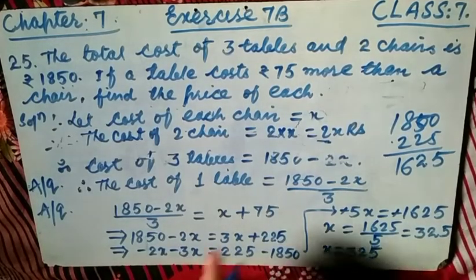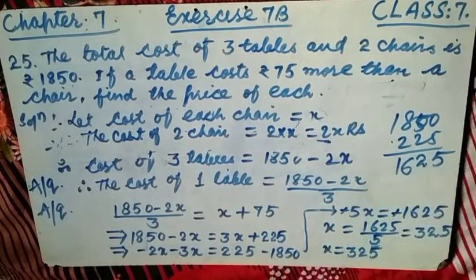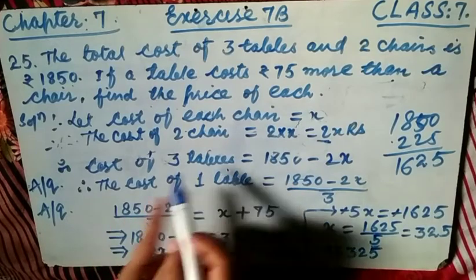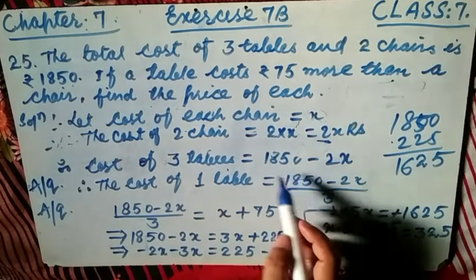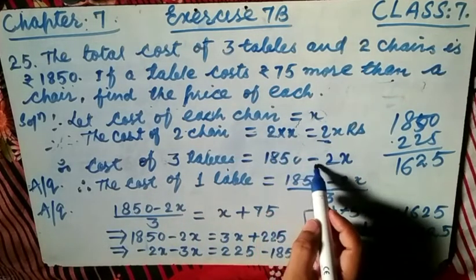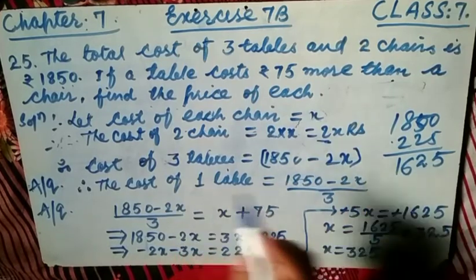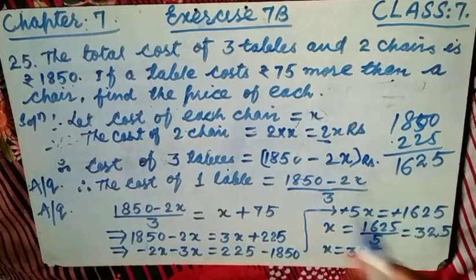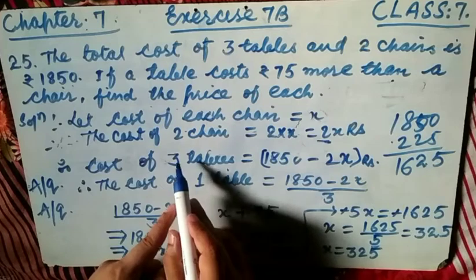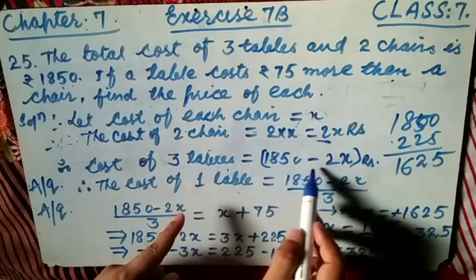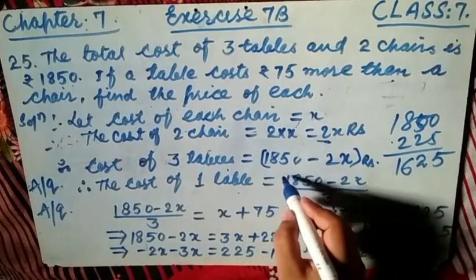If we subtract the chairs cost from 1,850, we will get only the cost of 3 tables. Therefore the cost of 3 tables is 1,850 minus chairs cost. Next, for the cost of 1 table, because 3 tables cost this, this amount is divided by 3. This will give the cost of 1 table.